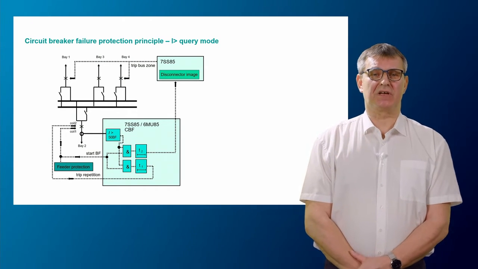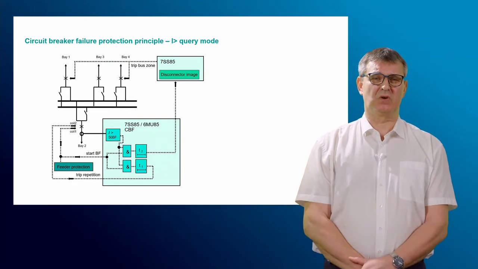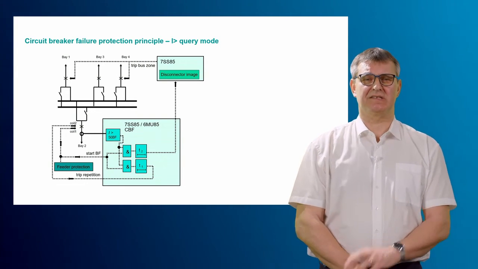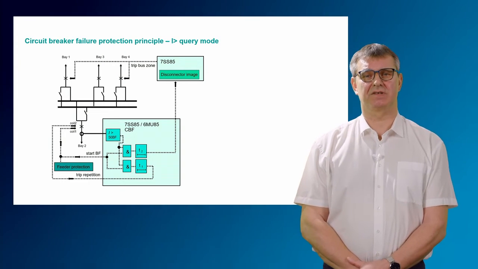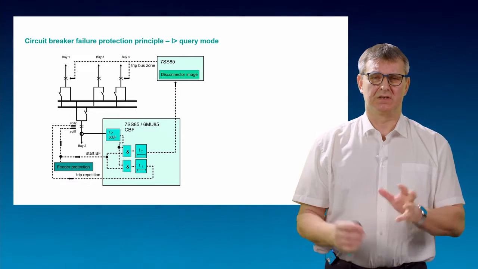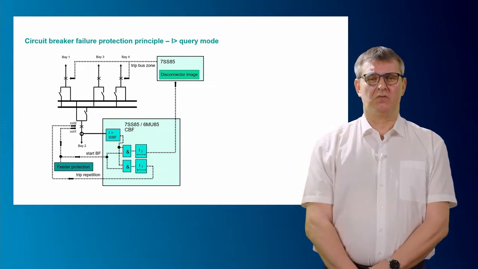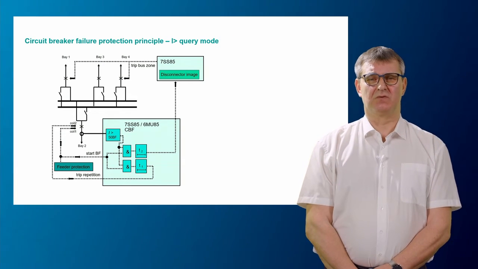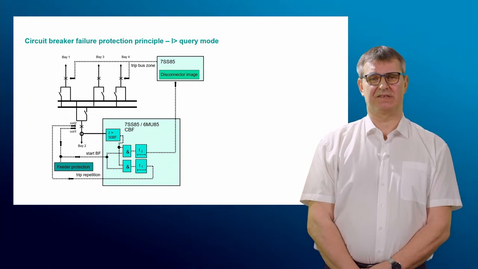So, circuit breaker failure protection. Maybe I start with an introduction. In the busbar protection, and that's a little bit different compared to the other SIPROTEC 5 devices, we have two types of circuit breaker failure protection. I start with the one which is common to all SIPROTEC 5 devices.